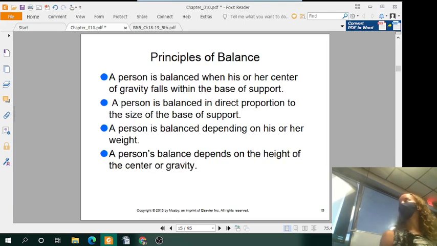Alright, principles of balance. Our center of gravity needs to be within our base of support. And our base of support, the larger it is, the more balanced we can be.